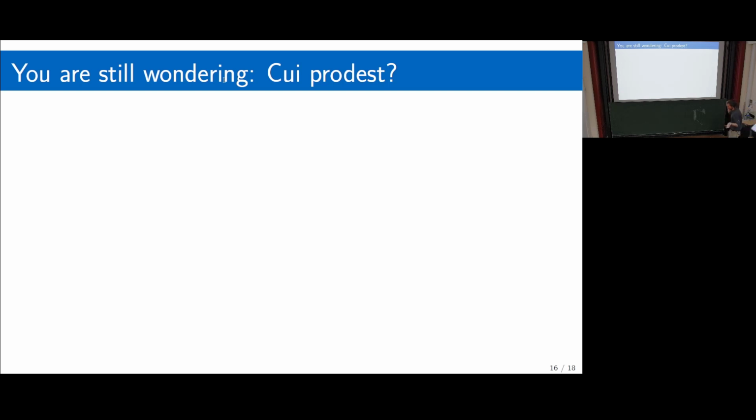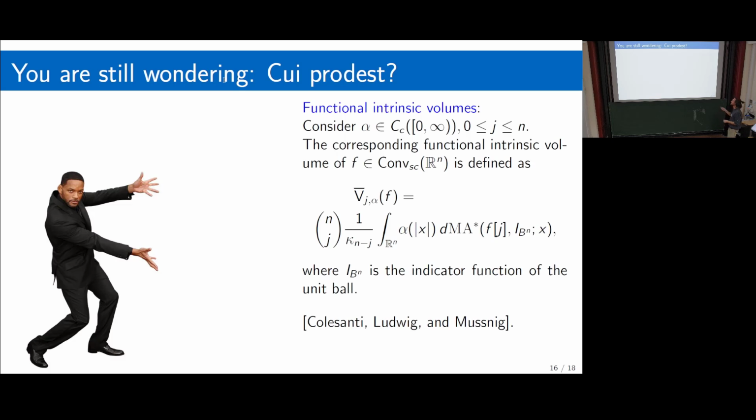Okay, but you might still be wondering, why are we doing this? What's the motivation behind this? We are interested in specific functionals called functional intrinsic volumes, studied by Colesanti, Ludwig, and Mussnig, which generalize the concept of intrinsic volumes. Intrinsic volumes can be characterized as valuations. We have seen before the definition of valuation in one of the previous talks, which are continuous, translation invariant, and invariant under rotations.